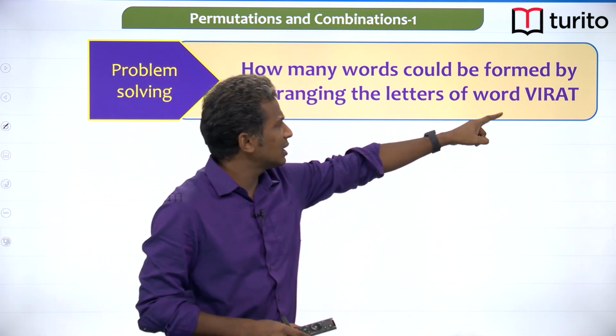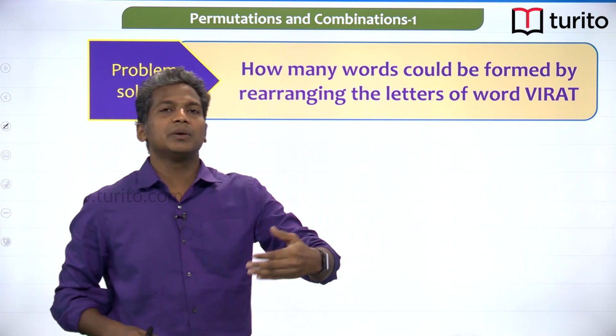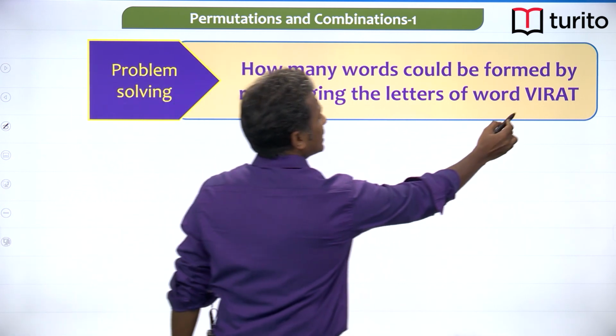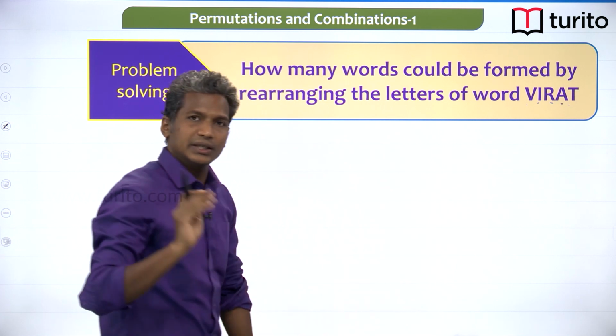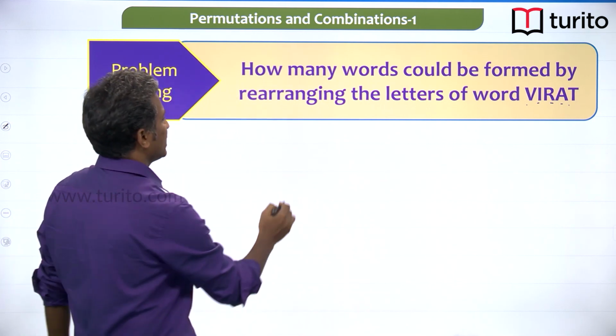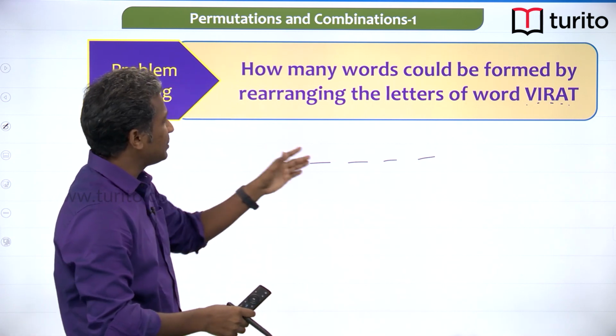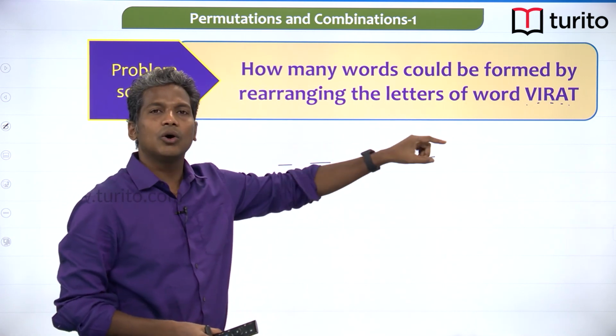So, whatever the number of letters here should be the number of letters in the required word. How many letters are there? 5 letters are there. So, imagine that there are 5 places, and in these 5 places we want to arrange all 5 letters.